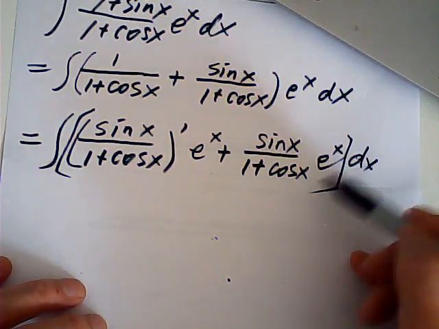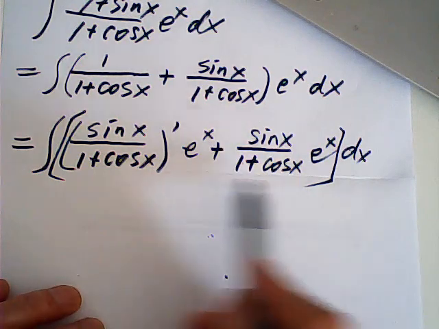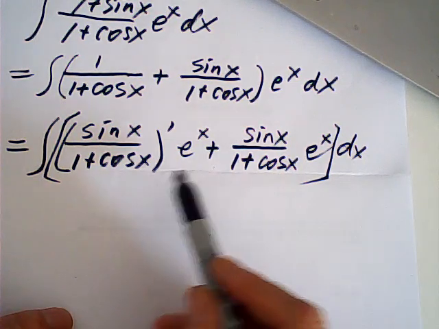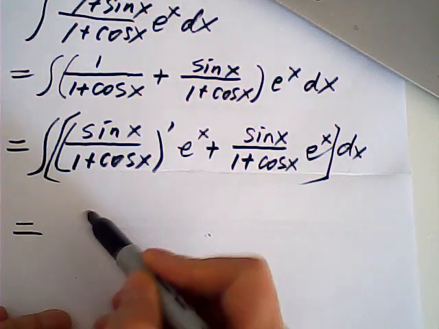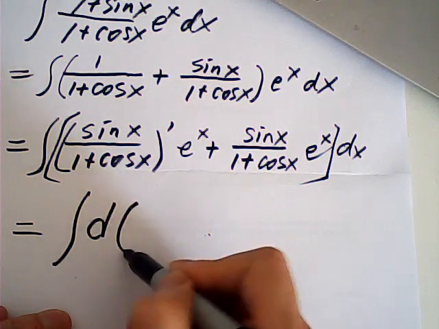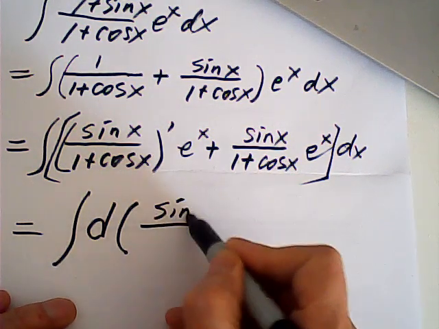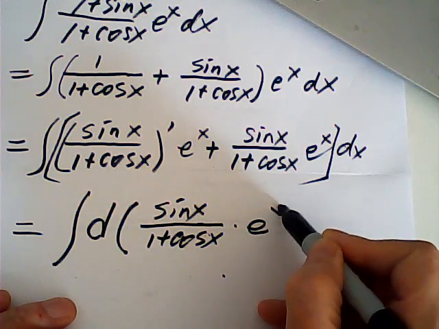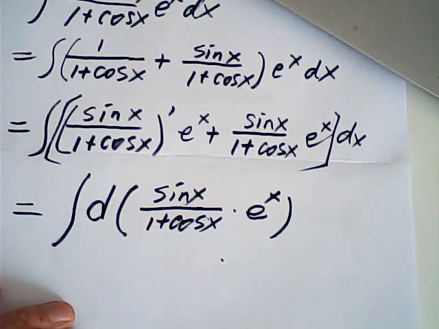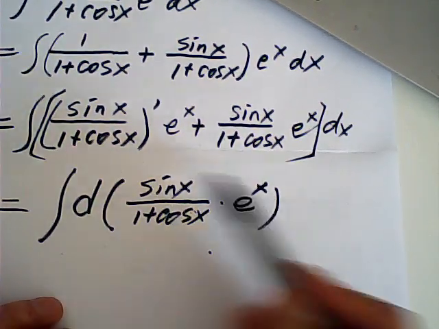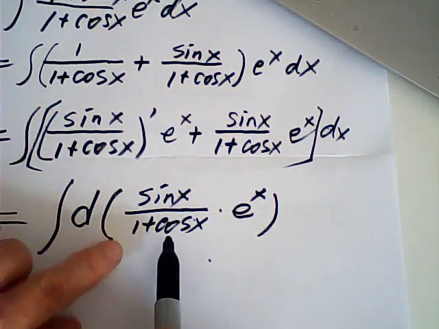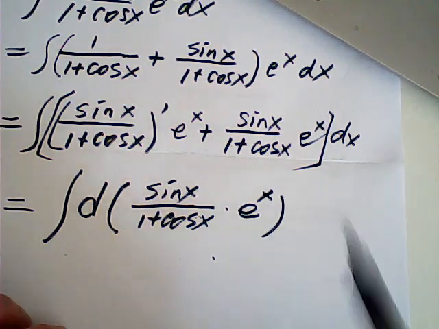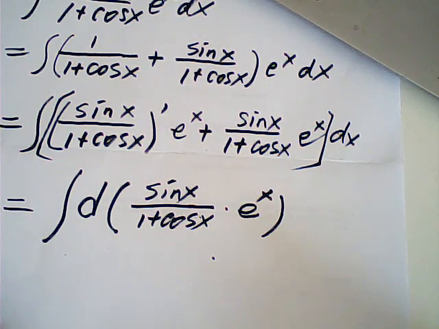So this is the derivative of e to the x. That means this is more or less the product rule, of this times this. So the derivative is sine x over 1 plus cosine x multiplied by e to the power x. If you take the derivative of this product, it is this derivative times this, as this part, plus this part times e to the x, which is the second part.